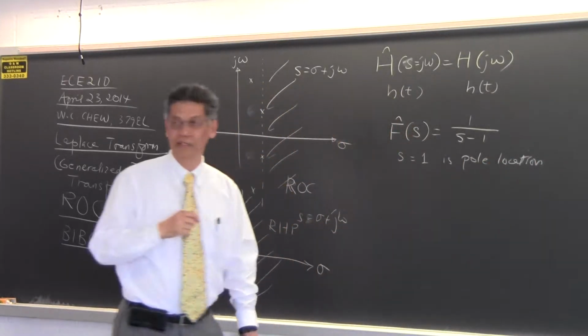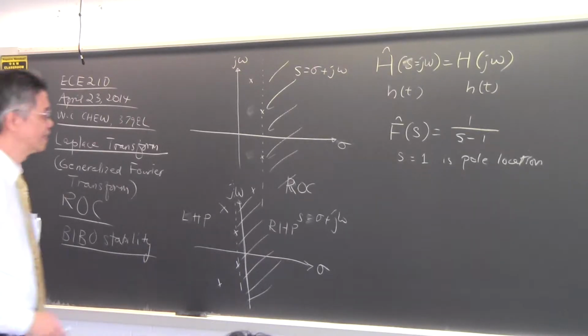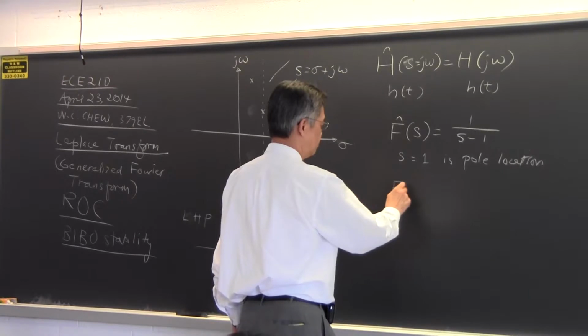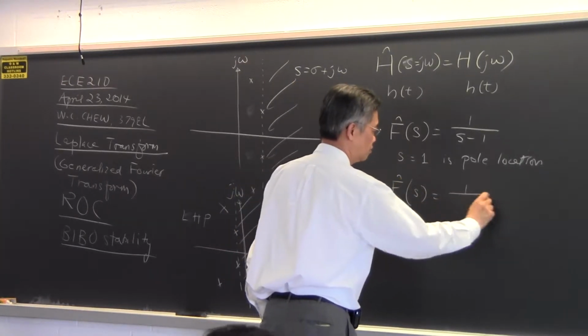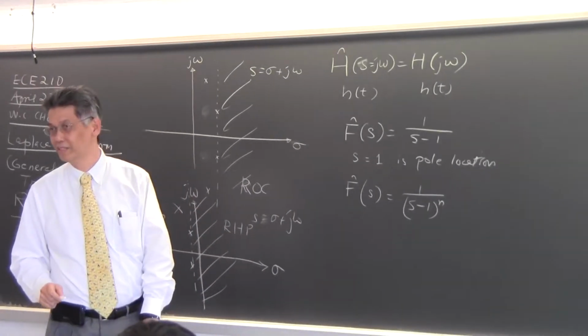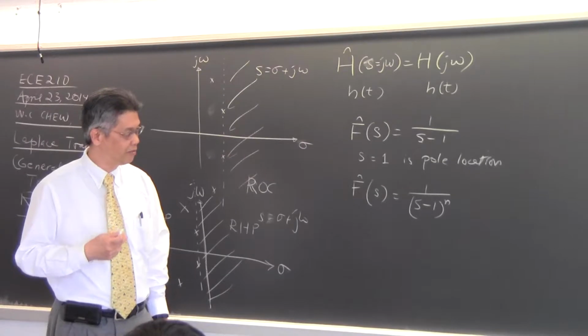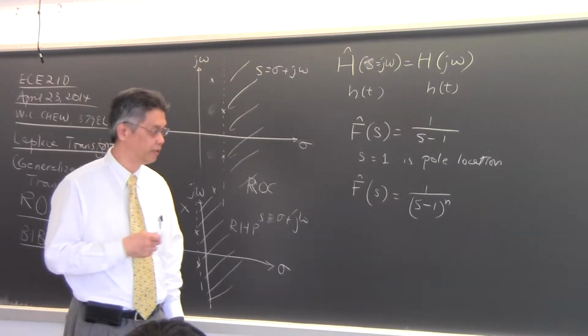If you had a course in complex variables, this is a simple pole. You can have other kinds of poles. This is a higher order pole. It is also a pole, but it goes to infinity a lot more rapidly compared to a simple pole.